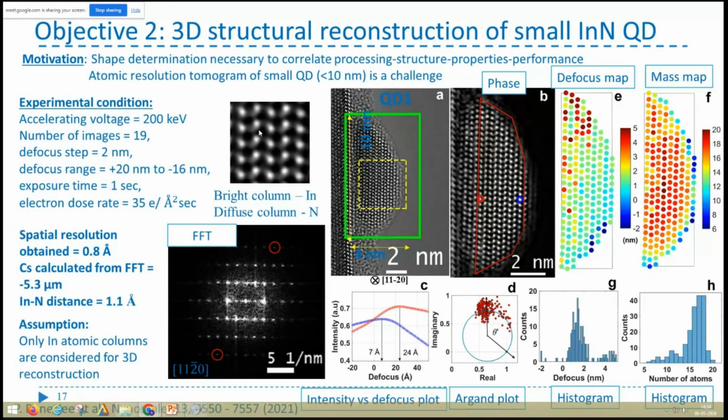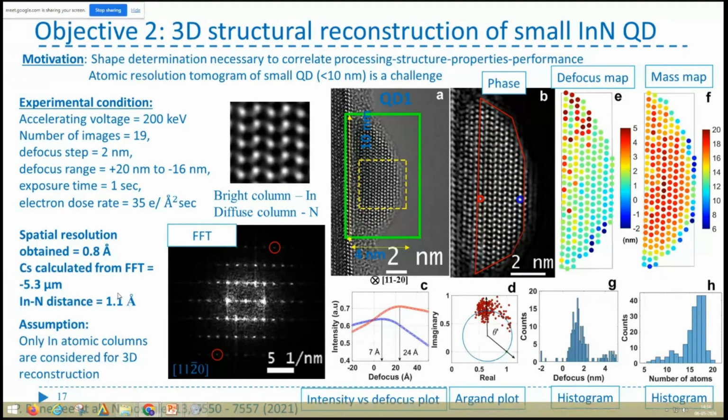So you can see here this bright spot is actually indium, and this comet-like structure is actually nitrogen, and the indium nitrogen distance is 1.1 angstrom, more than what is needed for this electron channeling theory.